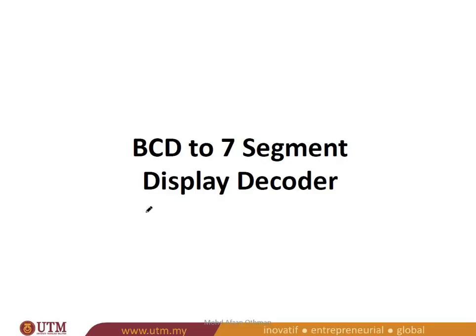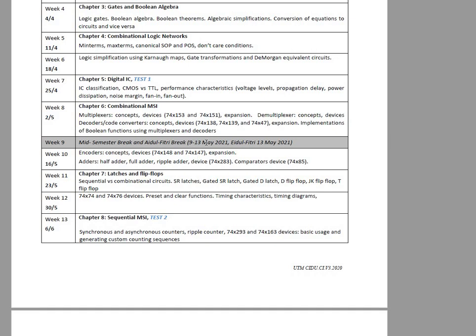So according to the syllabus, we'll go about the 74.71 chip as well. This one we will cover in the class by referring to the module, and of course, because you have done the exercise, I expect that you have a bit of knowledge about this.